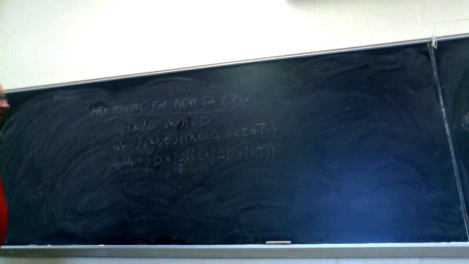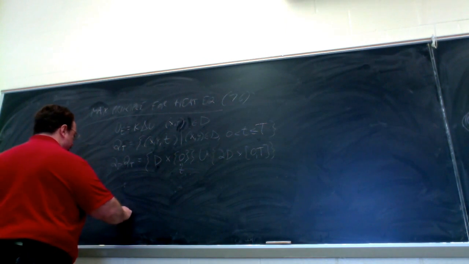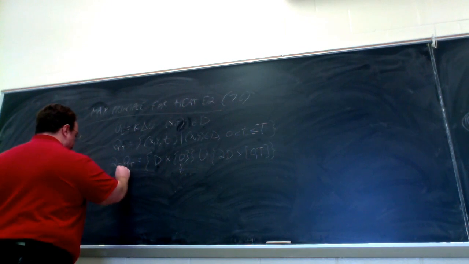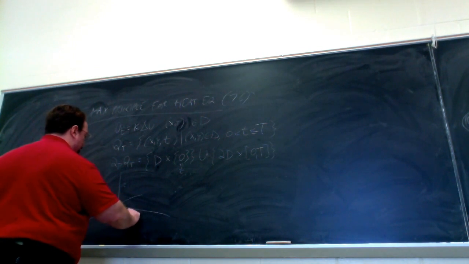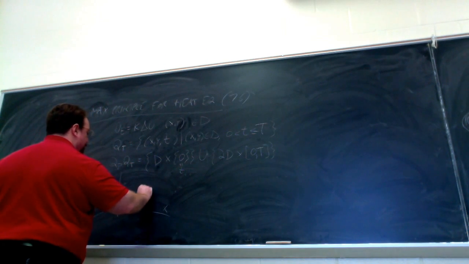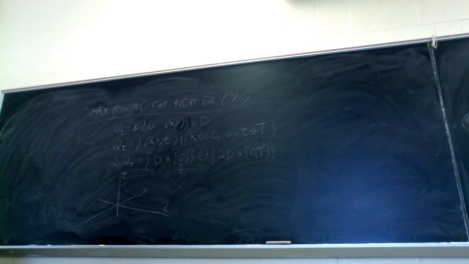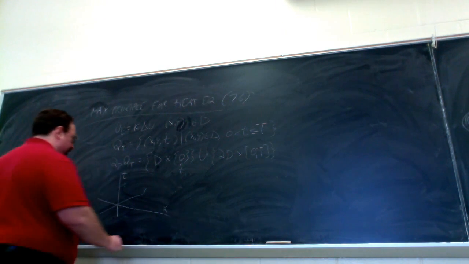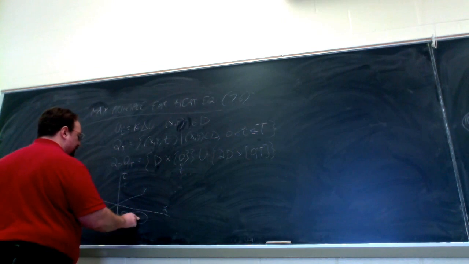Now, all of this needs some explaining, and I'm going to use a picture to help. So we have two spatial dimensions and one time dimension. That's why I'm knocking it down to 2D, so I can draw all this stuff. Here you have your spatial domain sitting in the xy plane.